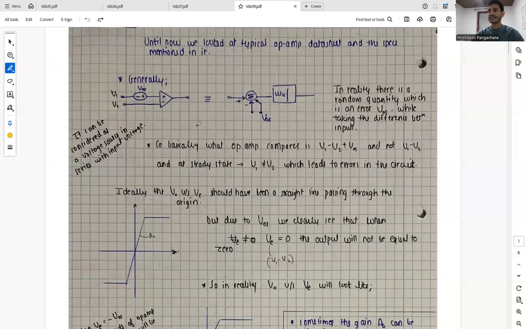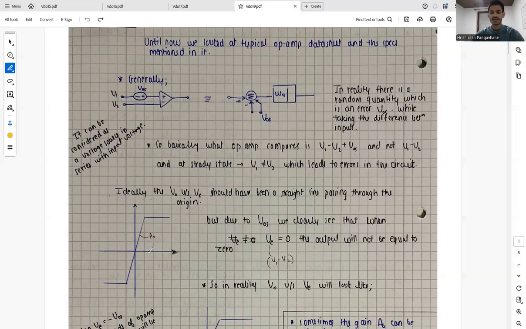So at steady state, we said that we will get V1 minus V2 equals 0, or V1 equals V2, but now due to VOS, our V1 is not equal to V2, which leads to errors, and those errors can occur in the circuits. So ideally, V0 versus VE should have been a straight line passing through the origin, and the slope is given by A0.